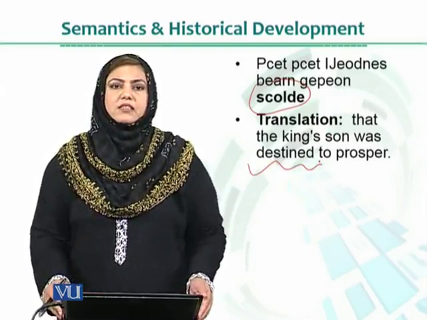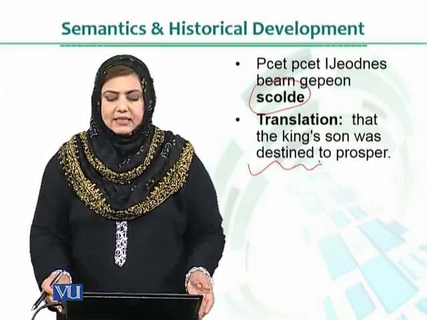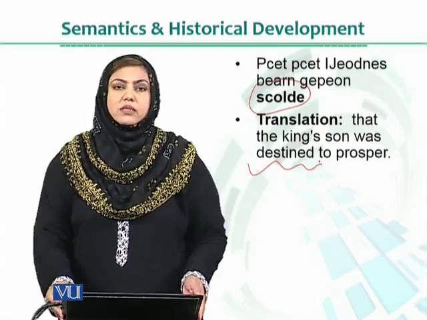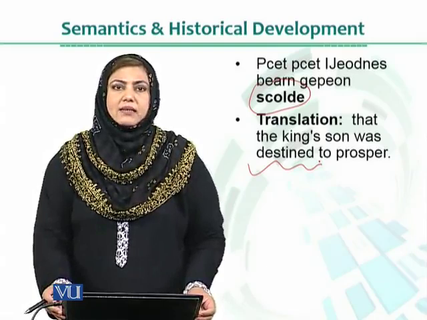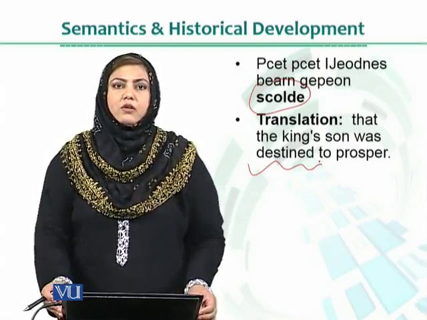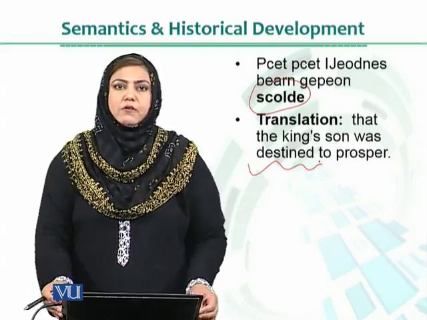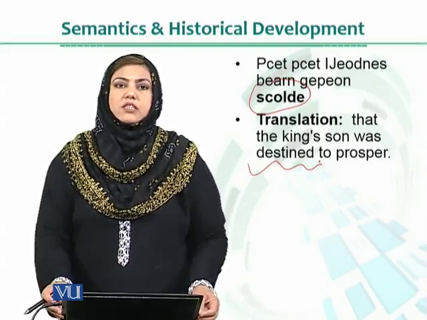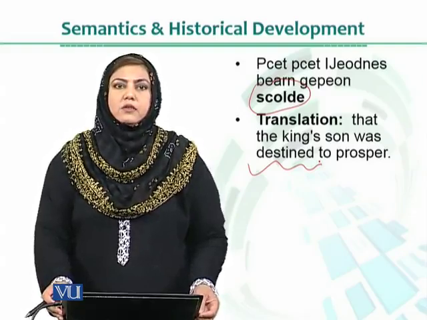So, in the sense of responsibility, obligation, or destiny, this is how it was used. I hope by this time you would be clear about what semantics is, and how important it is to study language from the perspective of semantics to see how historically meanings evolve, change, and differ through the times.